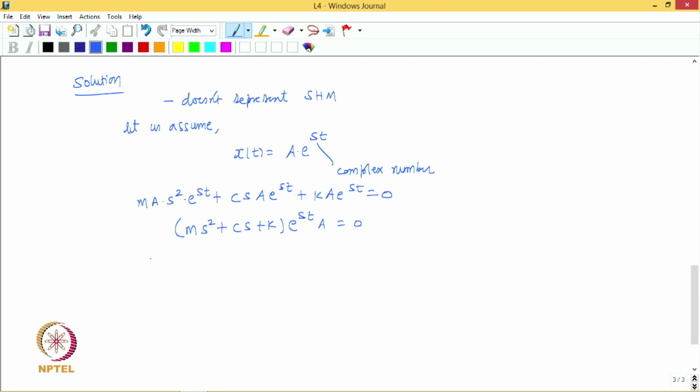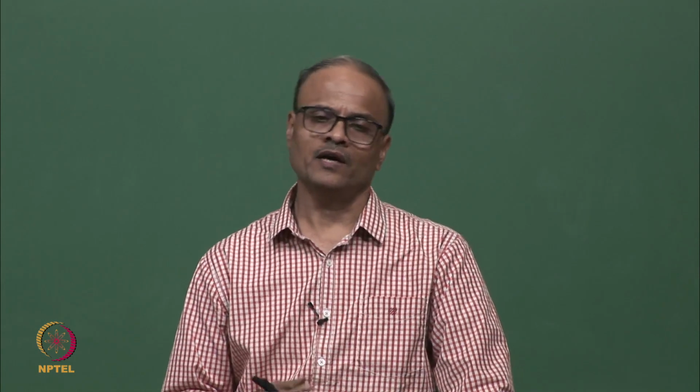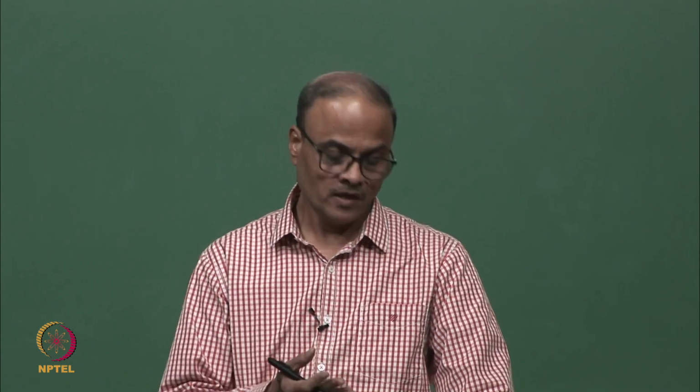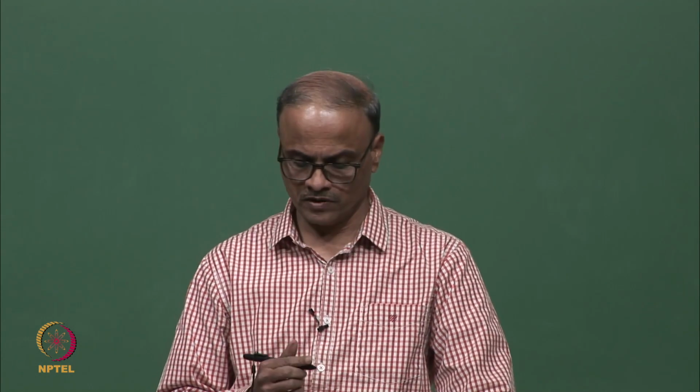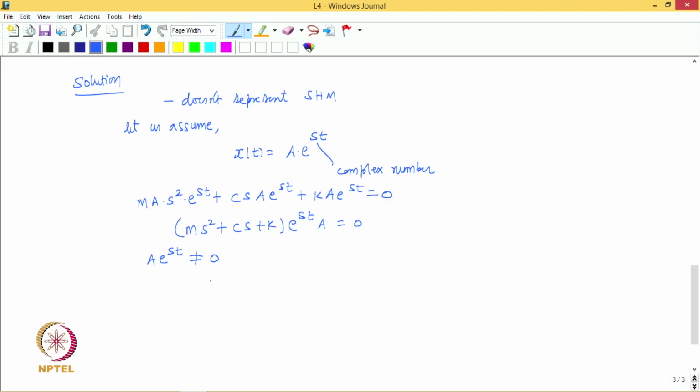So, now here A into e to the power s t cannot be 0, right, because if that is 0, then the displacement of the mass is also 0, because that is the solution we assume, and that would not reflect the vibratory motion of the system, and hence it cannot be a valid solution. So, the other way this equation can be satisfied is when m s square plus c s plus k is equal to 0.